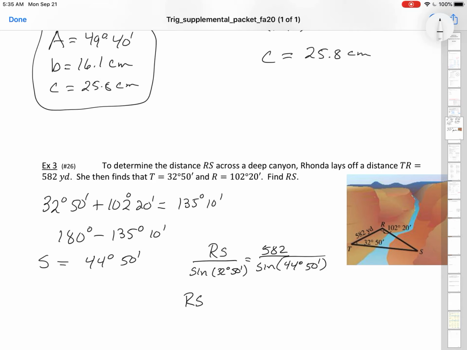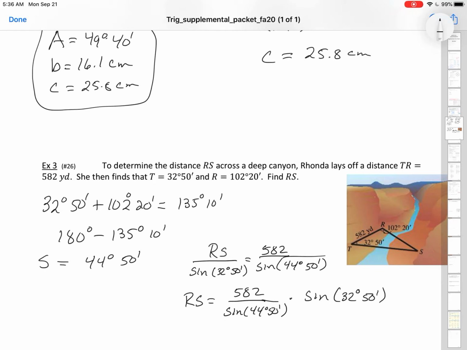So what's RS? RS is this 582 divided by sine of 44 degrees 50 minutes times the sine of 32 degrees 50 minutes. And so let's take 582 divided by sine of 44 plus 50 divided by 60.